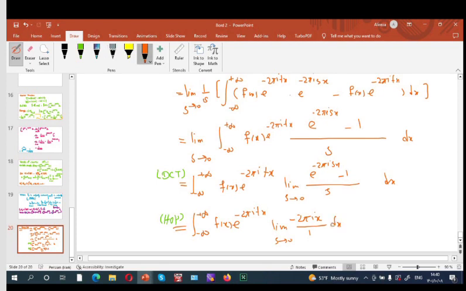We write this instead of this limit by L'Hospital's theorem. The derivative of this equals this. Sorry, I omitted one.